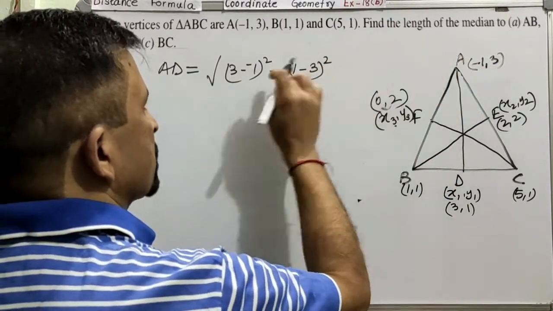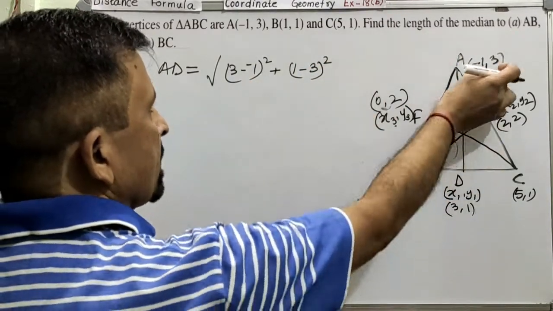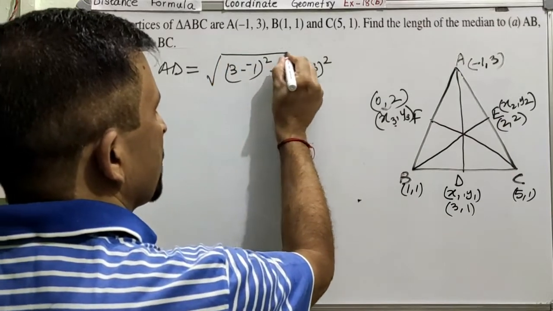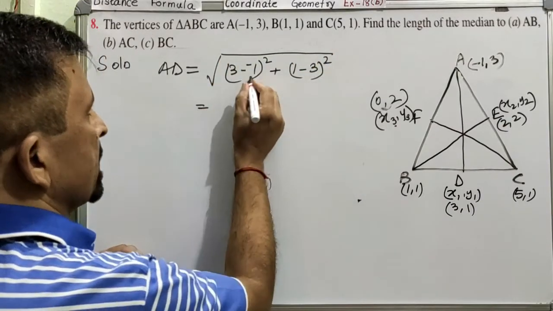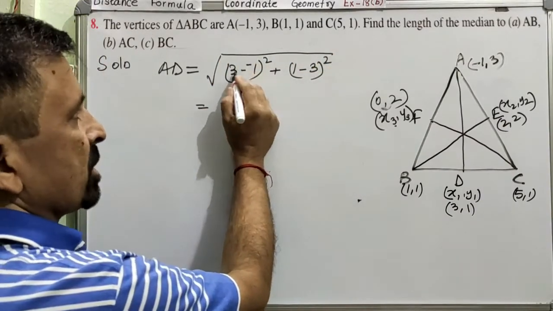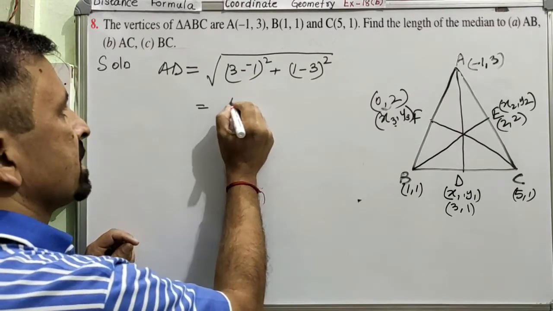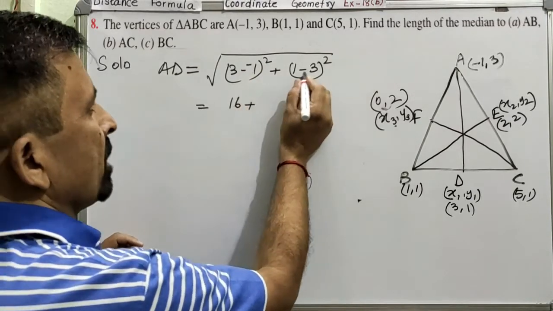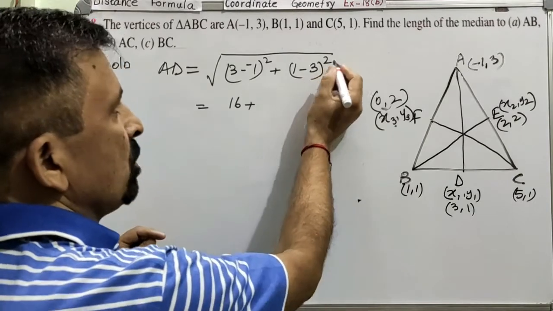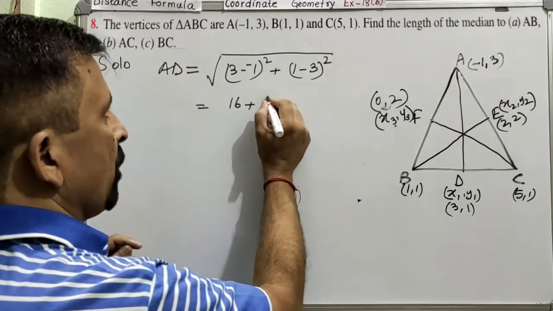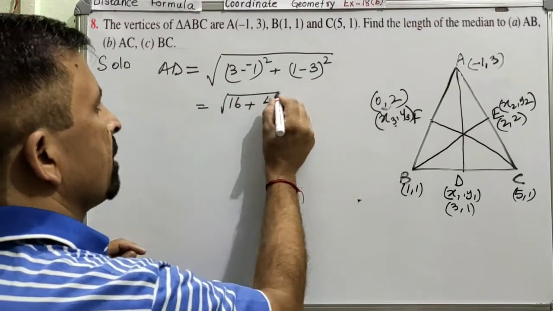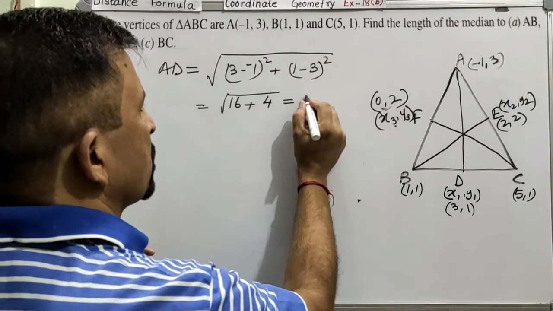That is 3 minus minus plus, so 3 plus 1, 4. 4 square is 16, plus 1 minus 3 is minus 2. Minus 2 and then square, that means 4. Clear? And this will become 20.